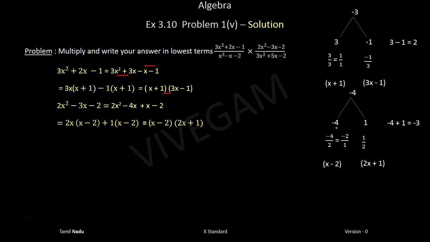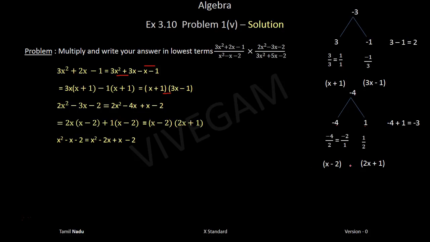Now the coefficient of x² in this case is 2, so this minus 4 divided by 2 simplifies as minus 2 divided by 1, and this 1 divided by 2 will remain as it is, it cannot be simplified anymore. The numerator is the constant, so the factor is x − 2. The denominator is the coefficient of x, so it will become 2x + 1. So the factors are x − 2 and 2x + 1.